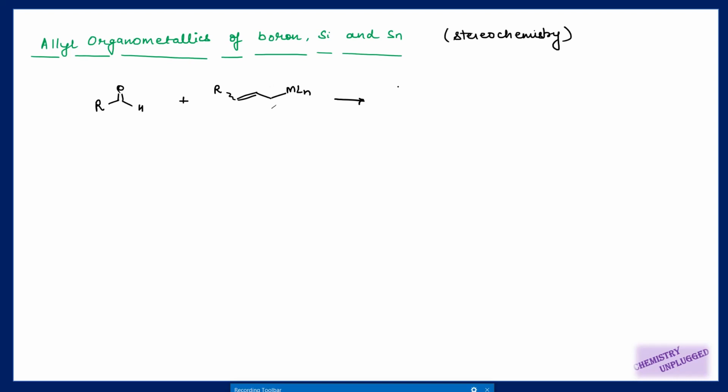The mechanism includes the formation of a beta carbocation, meaning this bond will shift here and attack the carbonyl. We will get an intermediate like this, in which we have a beta carbocation, alpha carbon, beta carbon, and here suppose this part is R dash. I will tell you how we can attach this R dash. When this bond breaks we will get this type of structure. So this is the general mechanism.